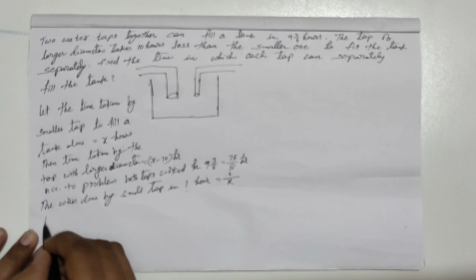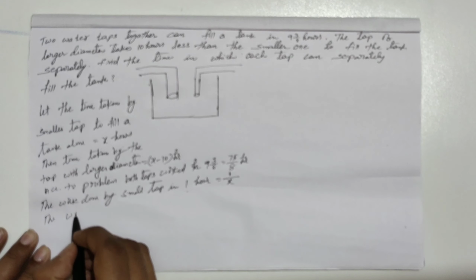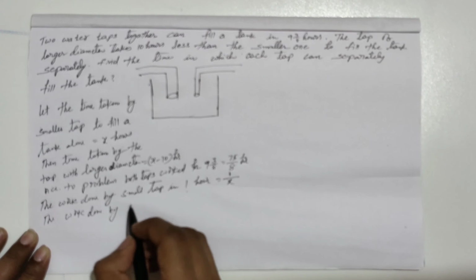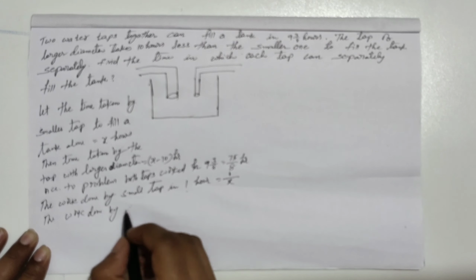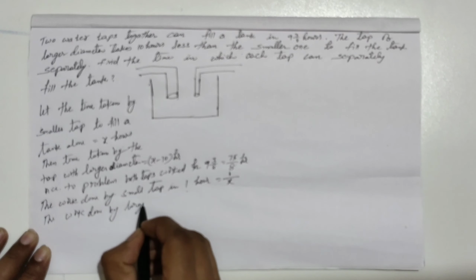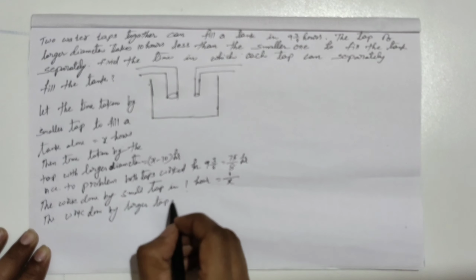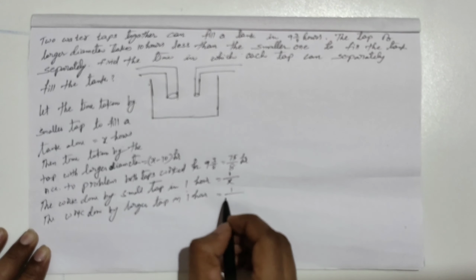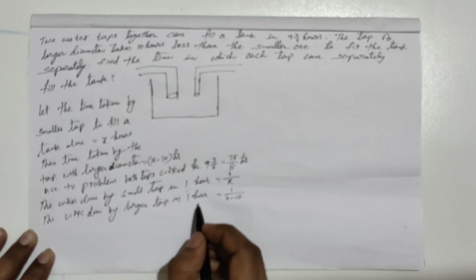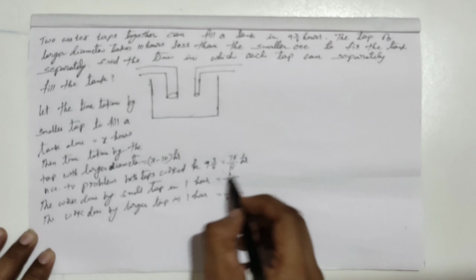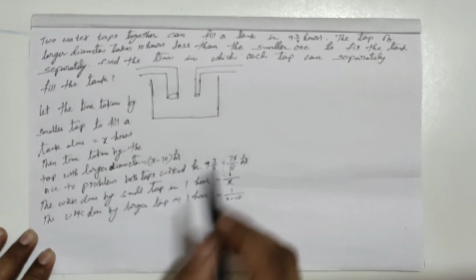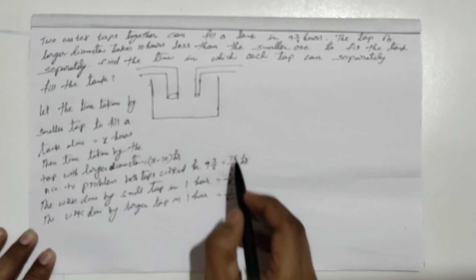In the same way, the work done by the larger tap in 1 hour is 1 by x minus 10. But both of them can fill the tank in 75 by 8 hours.